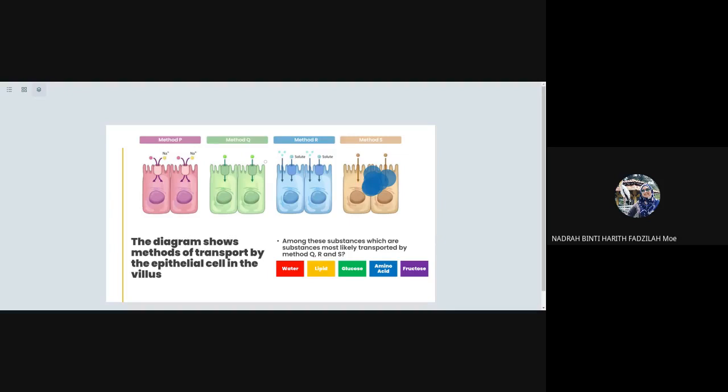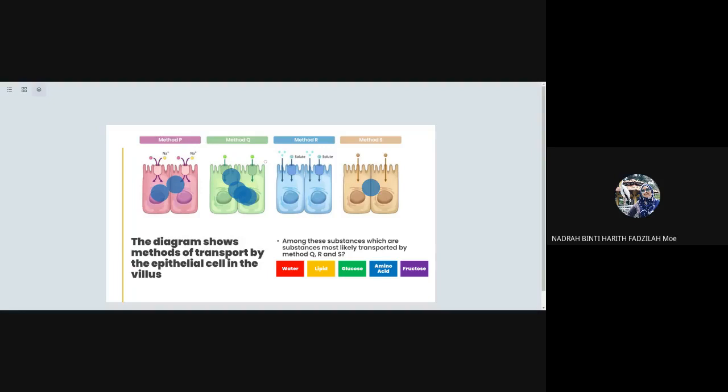Okay, good. Okay, untuk fructose dan glucose. Fructose dengan glucose antara metod P, Q, R dengan S untuk mana? Okay, ada divided ya.